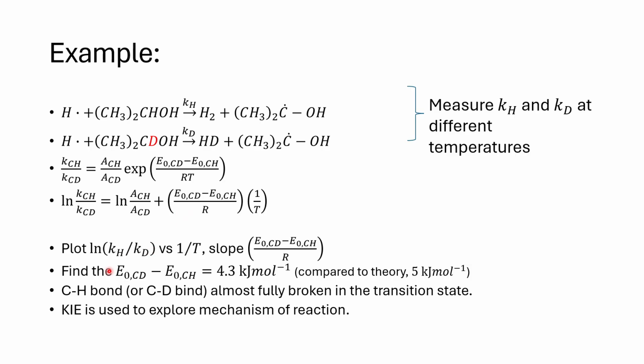Okay, so we can find the energy difference from this slope here, and for the experiment in this example, they found that the zero-point energy difference for these two molecules is about 4.3 kilojoule per mole.